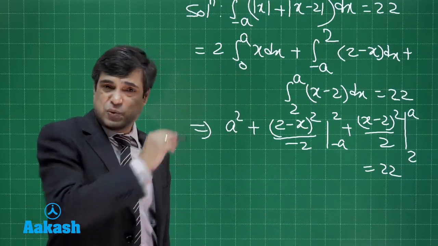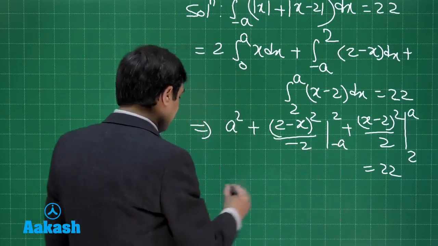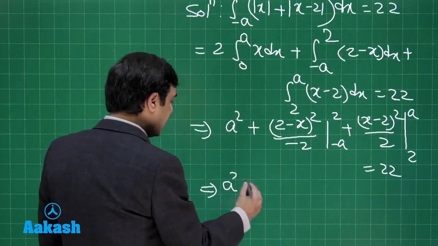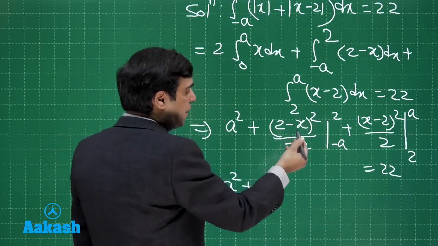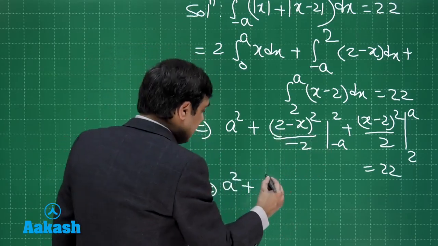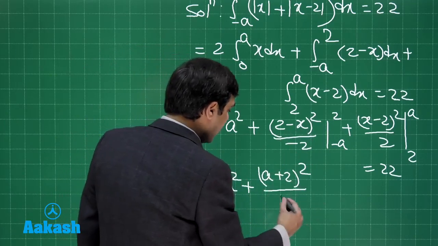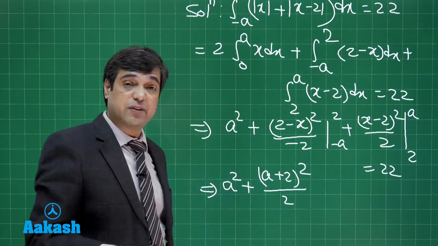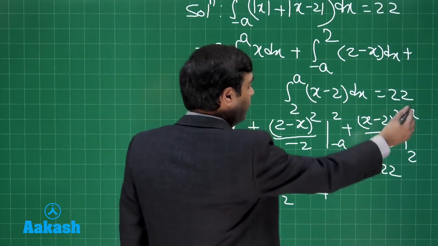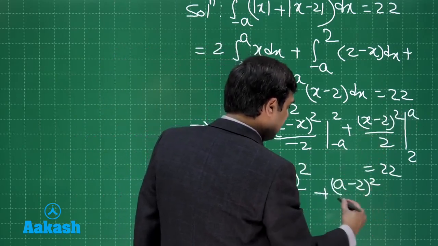Also you can plan using just the diagram. From there you can get directly the result. So it gives me a square plus. When you put the upper limit, obviously it is 0. When you put the lower limit, it is (a plus 2) whole square divided by 2, because minus of minus will be cancelled, plus when you put the upper limit, this is (a minus 2) whole square upon 2.